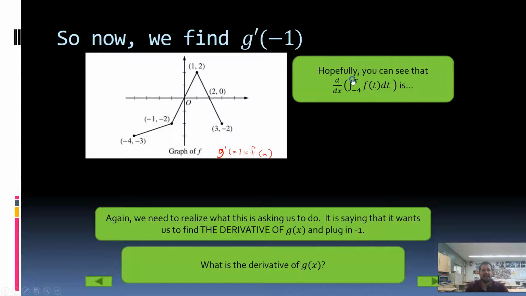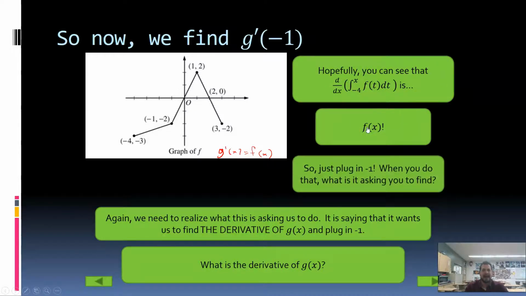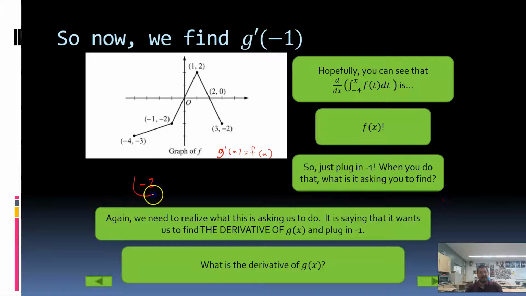Since this is a graph of the derivative, that means I just need to take -1 and plug it into this graph and find out what the y value is. So it turns out the answer to this one is -2. Then you're all done. You just look at the graph and tell what the function value is.